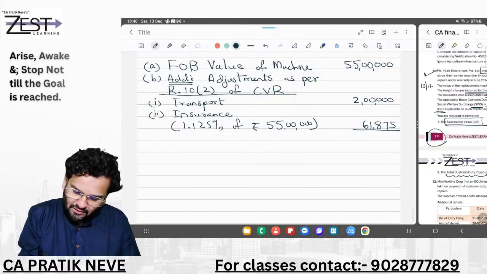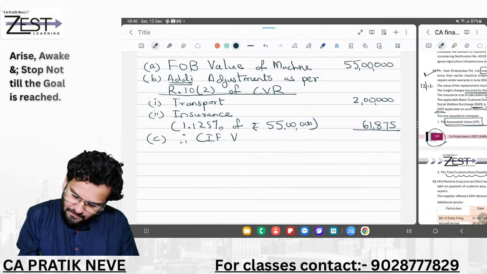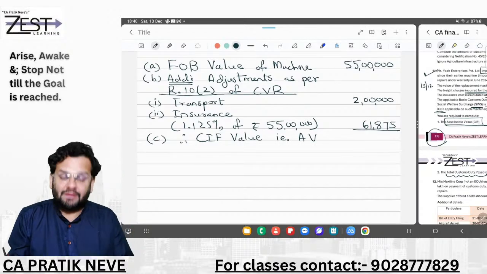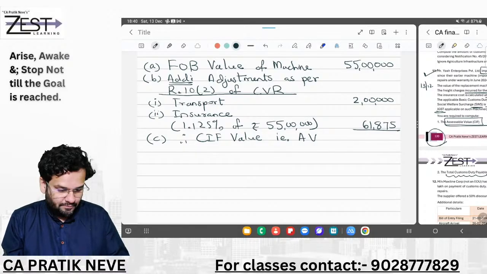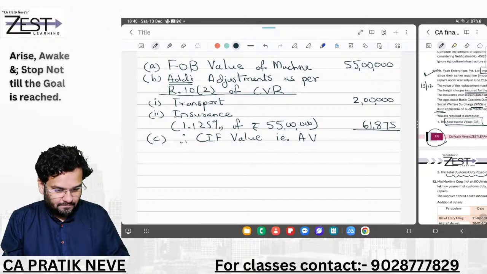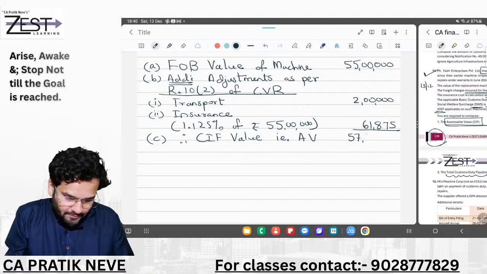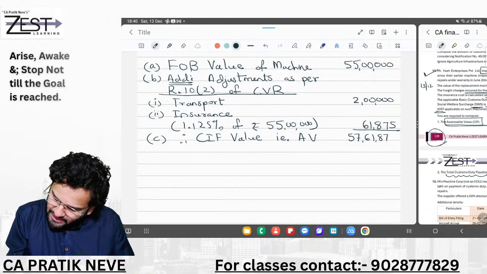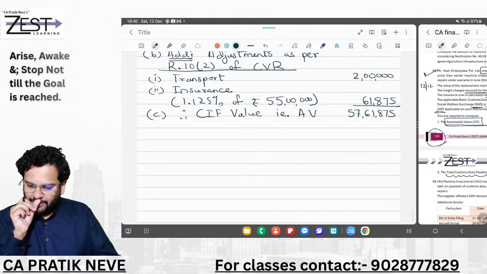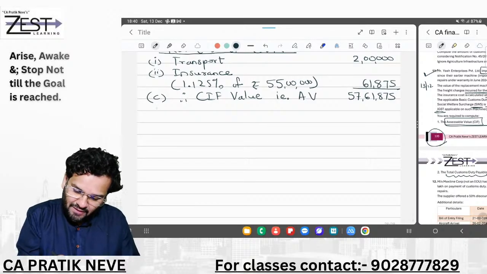So can you get what is your CIF value? That itself is assessable value. So isn't it 57 lakh 61,875? 57 lakh 61,875 is CIF value, that is assessable value.